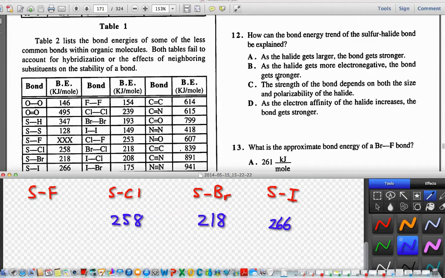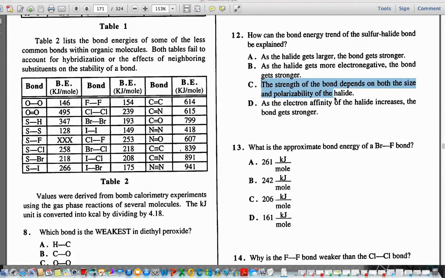B is also too simple. Because here, it's going down even though bromine's more electronegative than iodine, so that doesn't work. As the electron affinity of the halide increases, again, you got a dip. The strength of bond depends on both size and polarizability of the halide. That's the best answer because this is at least introducing the fact that it's more complicated than a simple rationale. That's what you want to do.